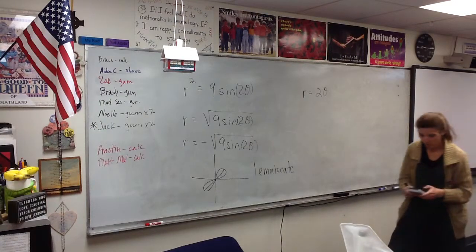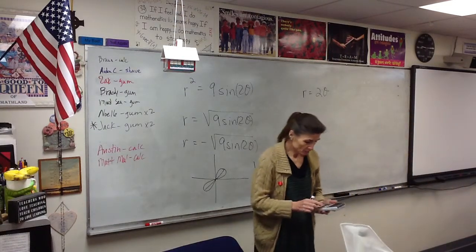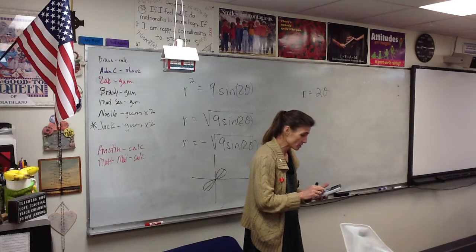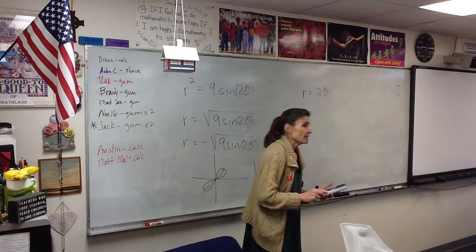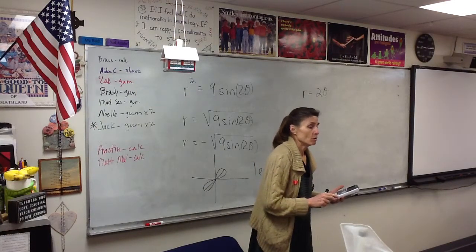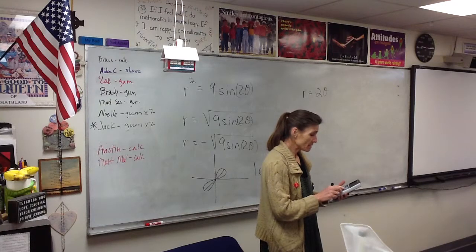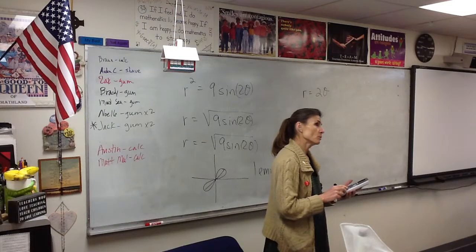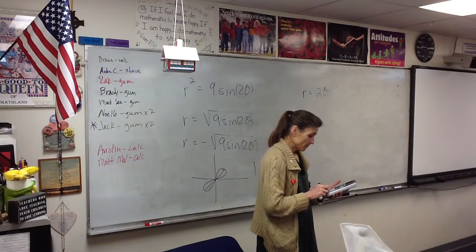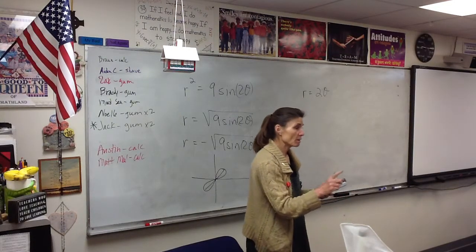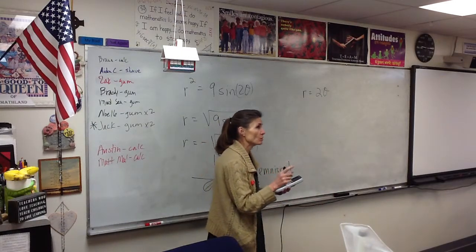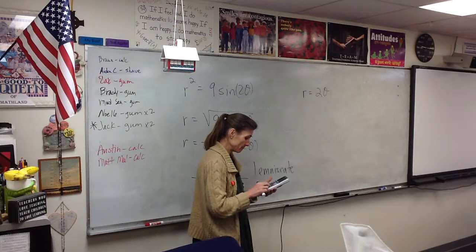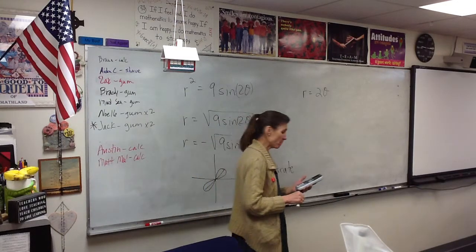So I want you to go to mode, and change it into radians. We'll talk about why, just do it for now. In our window, theta min I want to stay at 0. But theta max, I want you to put 20 pi.